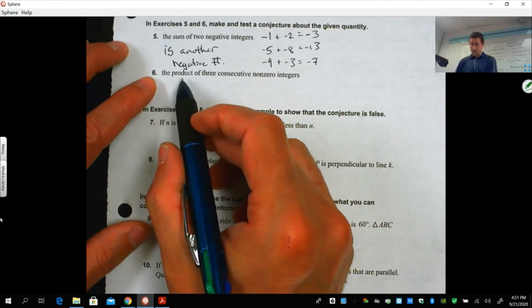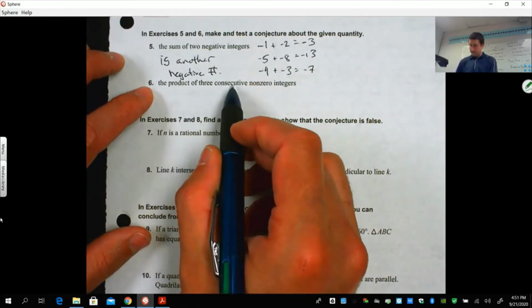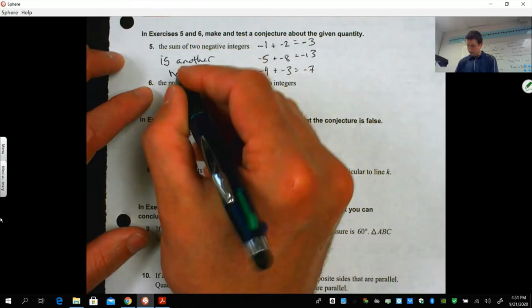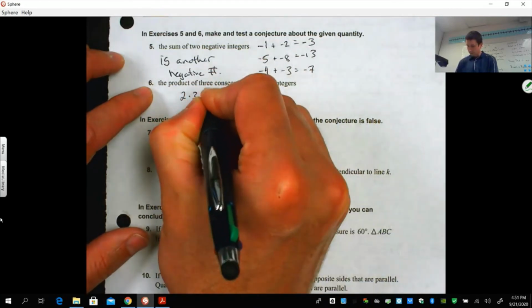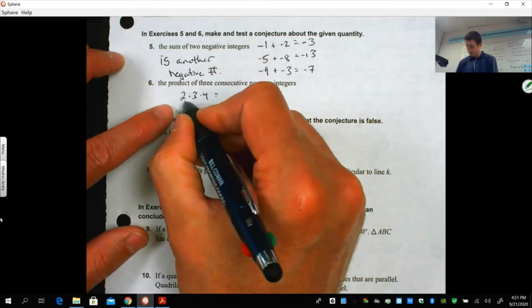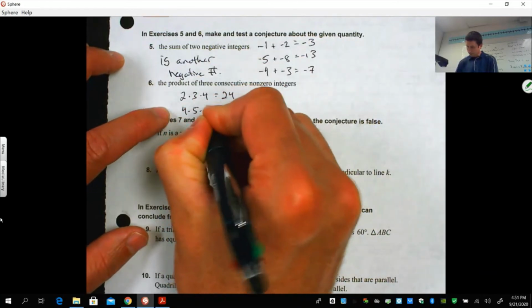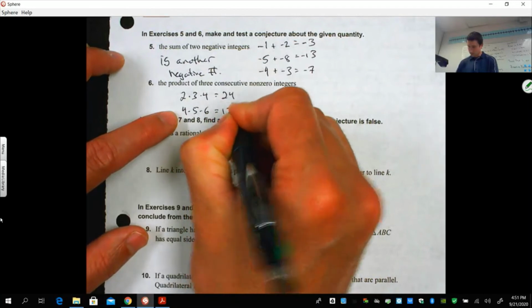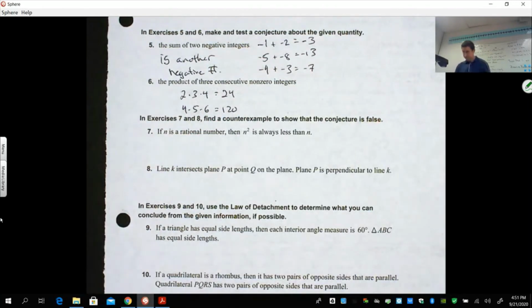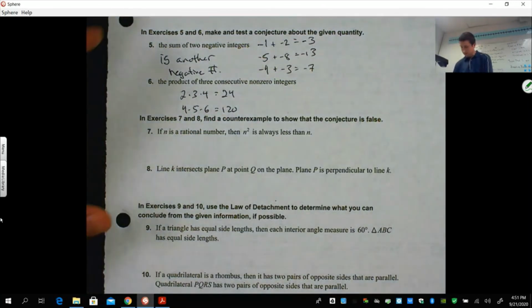Okay. The product of three consecutive non-zero integers. So that's like 2 times 3 times 4. That would be 6 times 4 is 24. 4 times 5 times 6. 20 times 6 is 120. Non-zero integers.